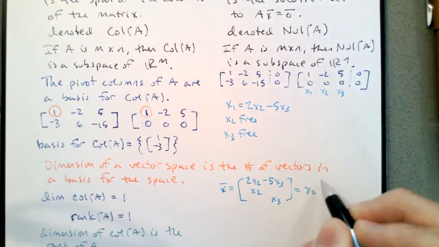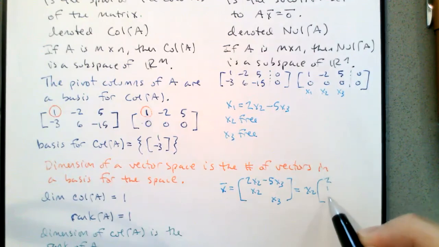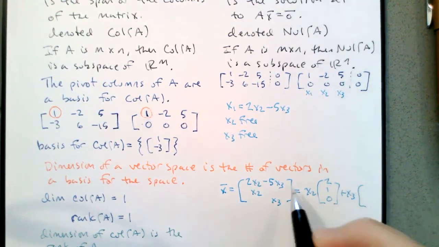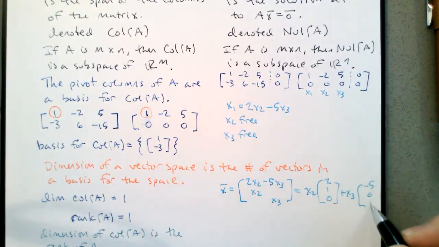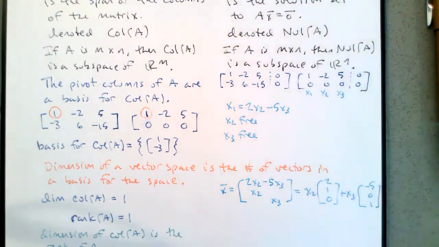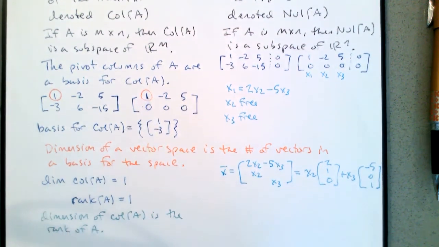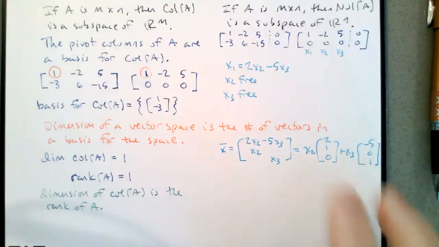I'm going to have an x2 vector, that's going to be -2, 1, 0. And then I'll have my x3 vector, which is going to be -5, 0, 1. So a basis for the null space of A would be these two vectors.